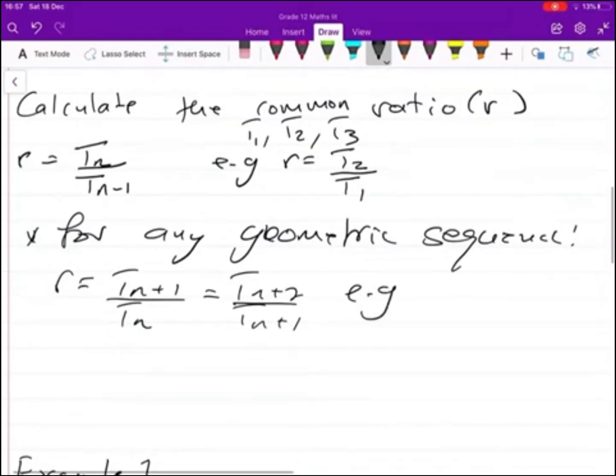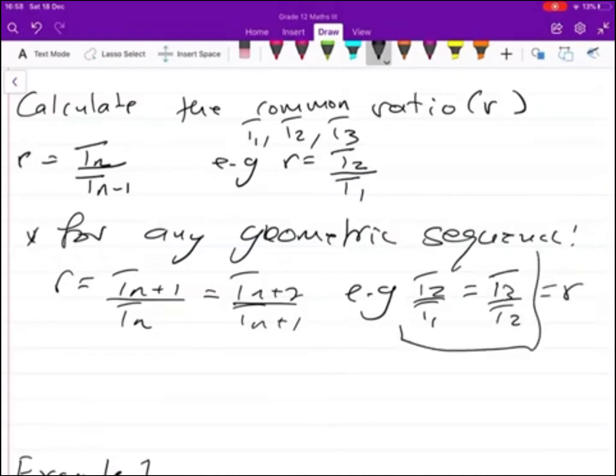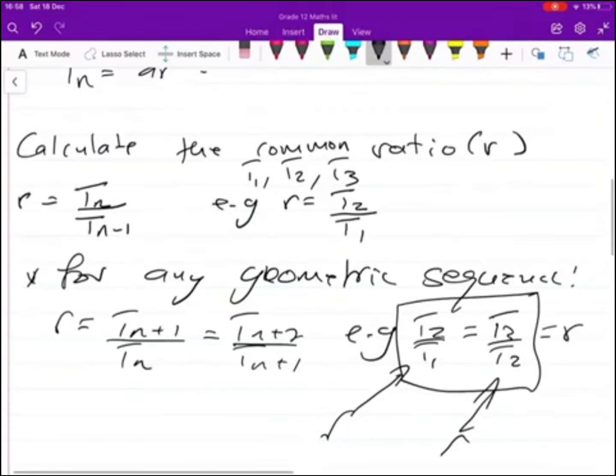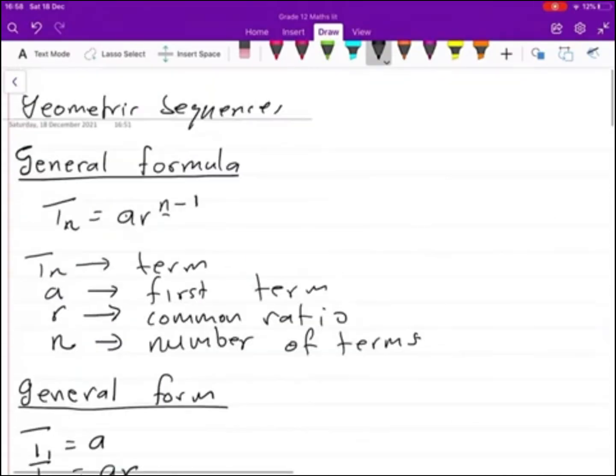An example of this would be T2 over T1 equals T3 over T2, and all of this relationship is going to be important when we start dealing with calculations. All of this will give you r.